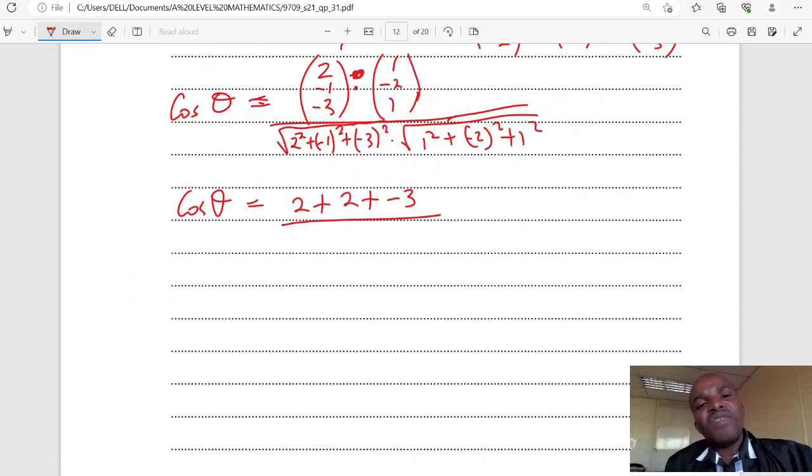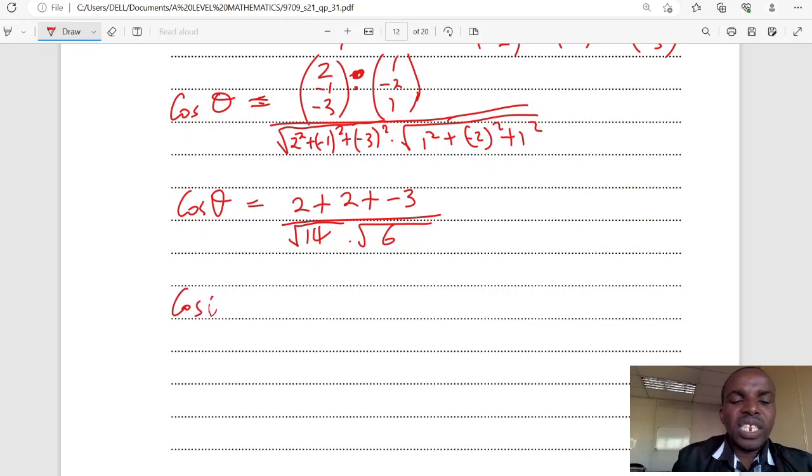Then over, simplifying this part: 2 squared is 4, 4 plus 1 plus 9, you get 14. Then times the square root of 1 plus 4 plus 1, which is 6.